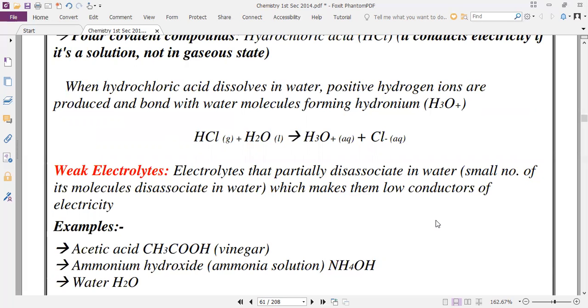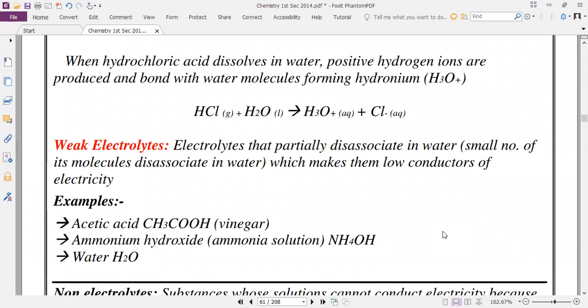The main point between weak and strong electrolytes is that if the particles dissociate completely, it's a strong electrolyte, but if they dissociate partially, it's a weak electrolyte. Examples: acetic acid, vinegar, CH3COOH, ammonium hydroxide, ammonia solution, NH4OH, and water, H2O.